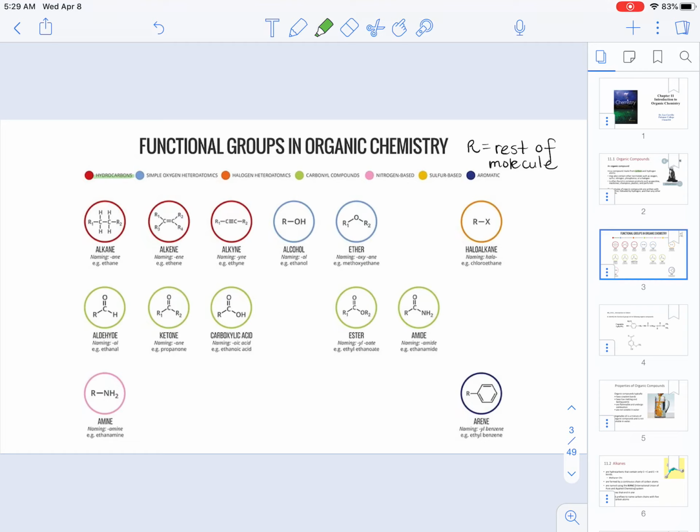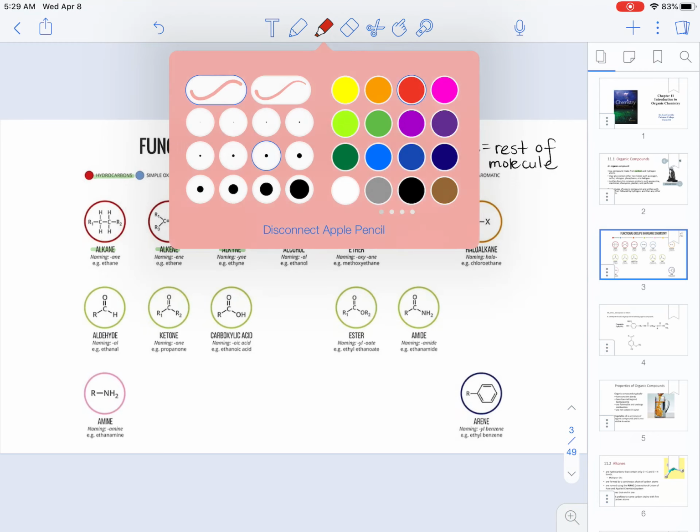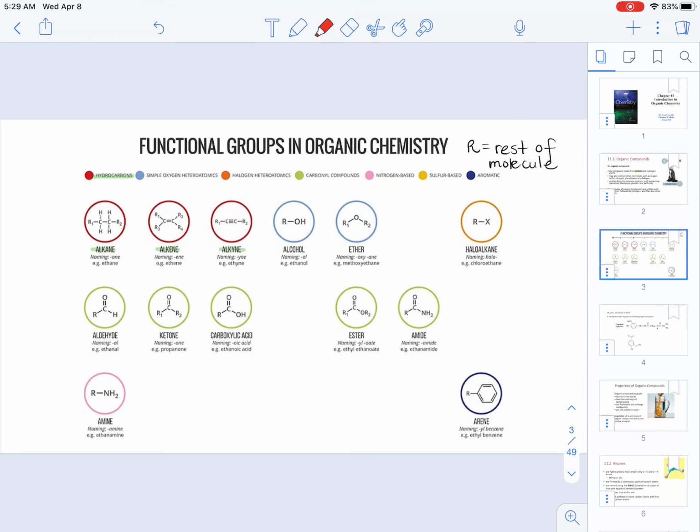So as you can see, the members of the hydrocarbon family include alkanes, alkenes, alkynes, and even though it is not shown here, I want to specify that the aromatic compound arene, which I'm now writing a red circle around, is also part of the family of hydrocarbons.